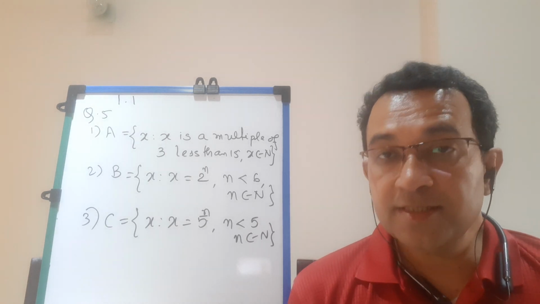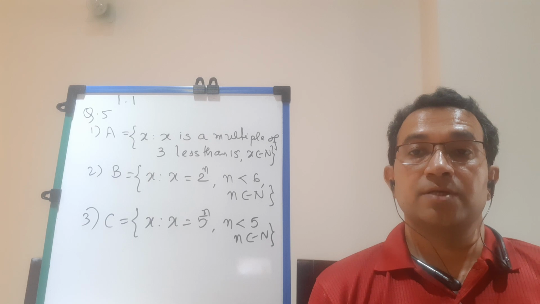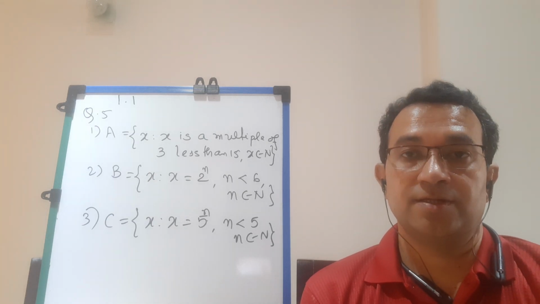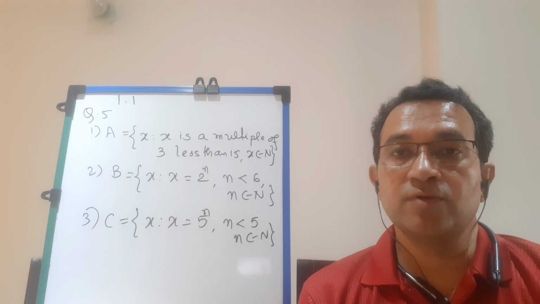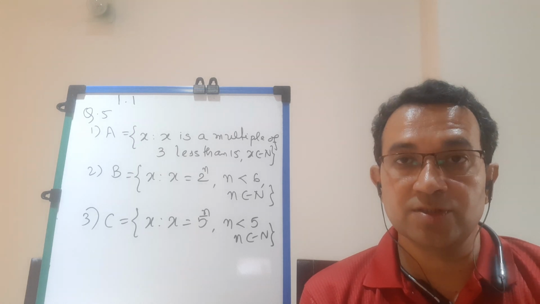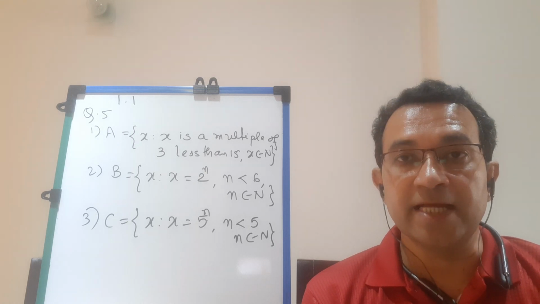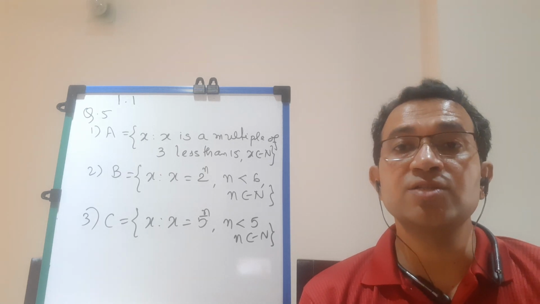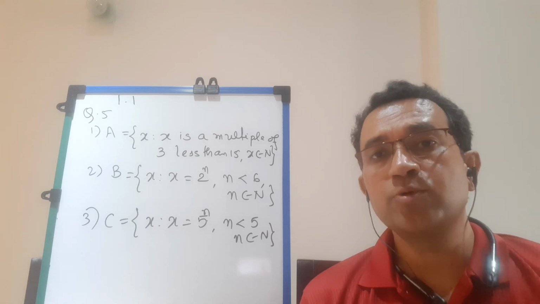Then 2, 4, 6, 8 and onwards. Here you have to mark that this is an infinite set. And 2, 4, 6, 8 onwards are even natural numbers. So I can write x such that x is an even natural number. This has no boundary. It can go up to infinity.